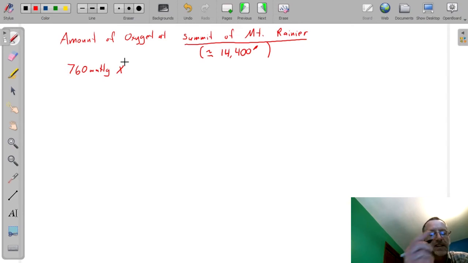It's 40% less, so that would give us 60% of what's at sea level. So multiply that times 760.